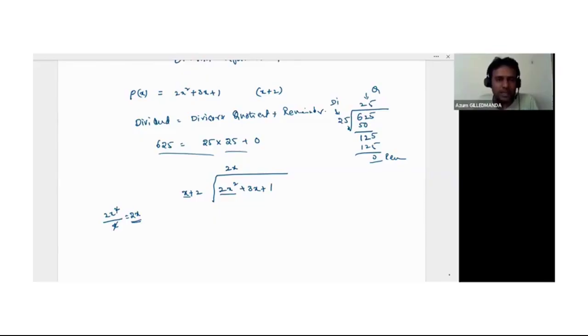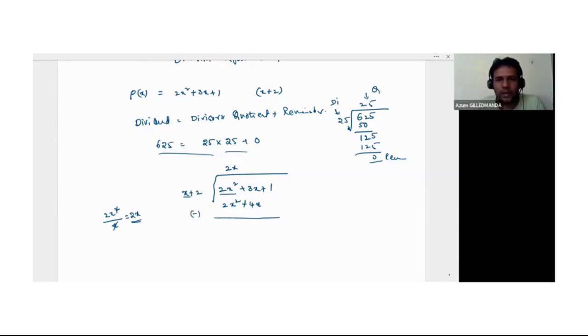Why am I taking that? I'll tell you. Now x plus 2, you need to multiply with 2x and put the value here. So x into 2x is 2x squared, and then 2 into 2x is plus 4x. Now in the division we will subtract, right?